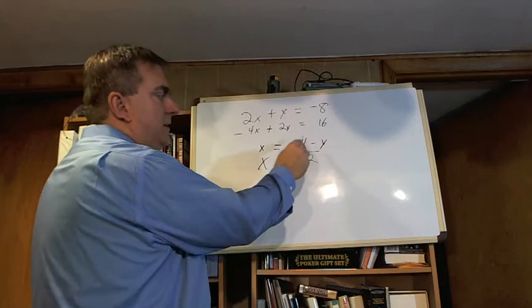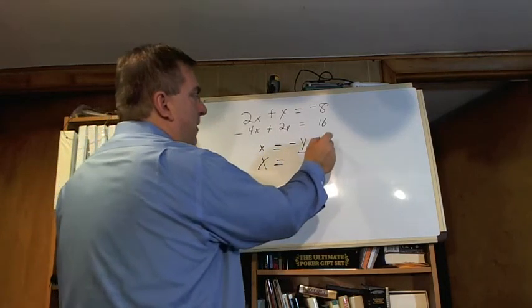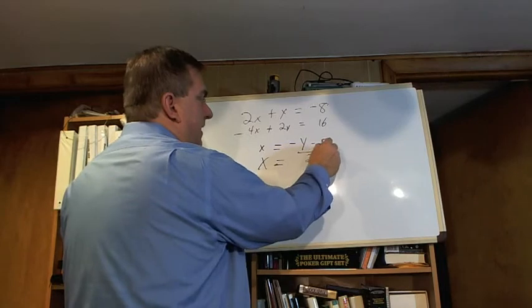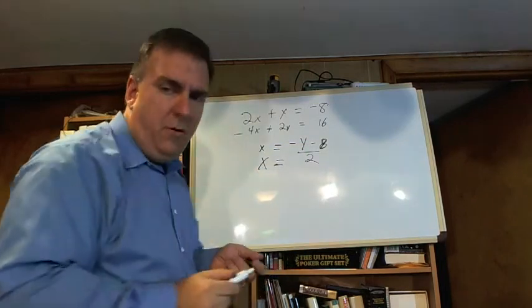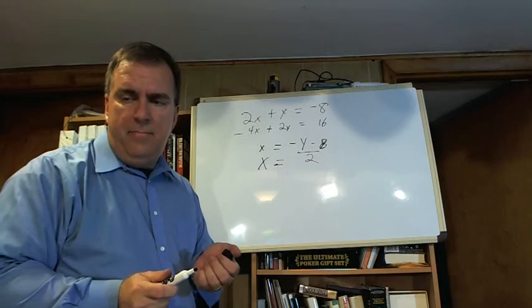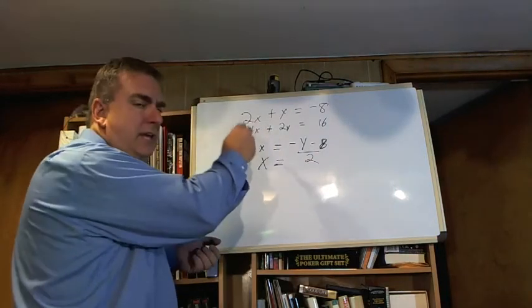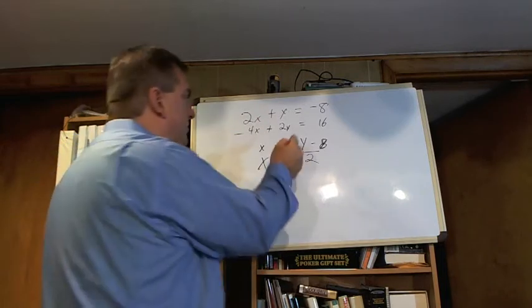So x equals negative y minus 8 over 2. Then we plug that value into the x in the second calculation.